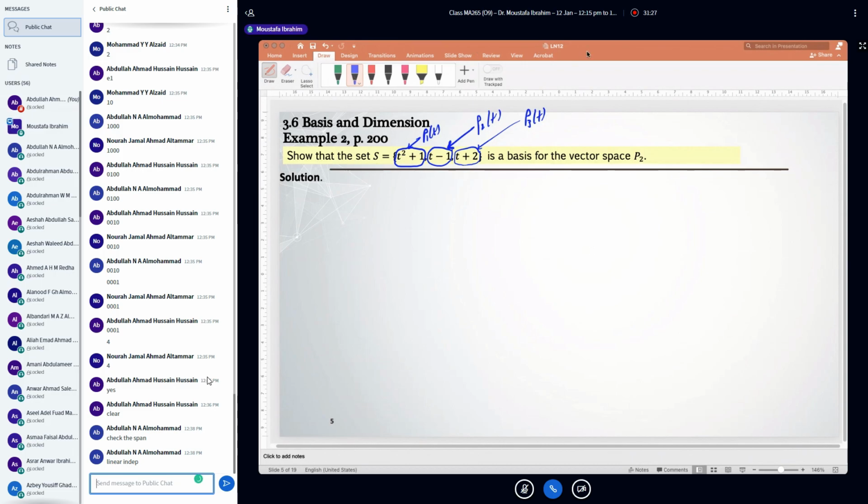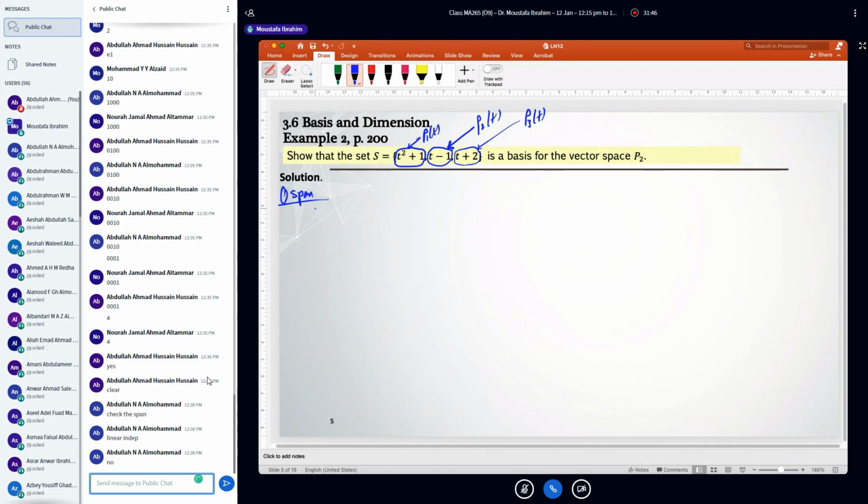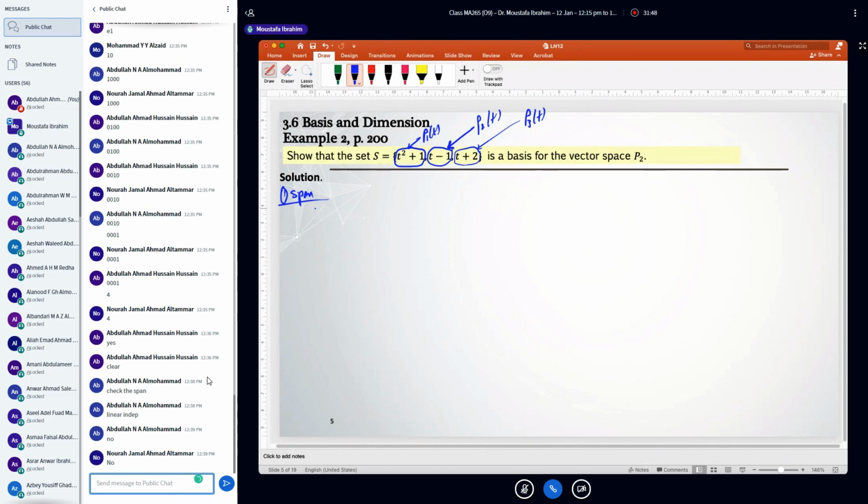Let's check spanning. Always, guys, you need span and independence. For linear independence, can we use determinant, guys? Pay attention, we use determinant only for vectors. For polynomials, no. If you use it for polynomials, I will put it's not allowed.